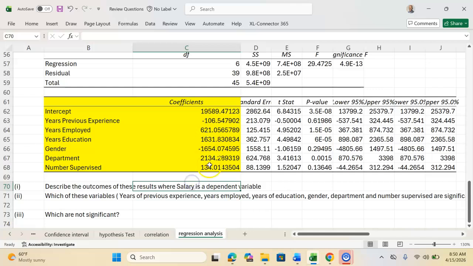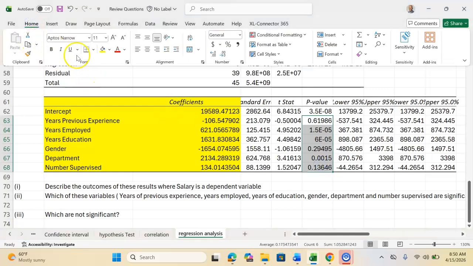So we don't care about these numbers that are presented here as their slopes, but all we care for are the p-values. And we're not considering the p-value for the y-intercept. So years of previous experience is negative in this case, meaning that when you have experience, then your salary goes down, and the opposite is true.